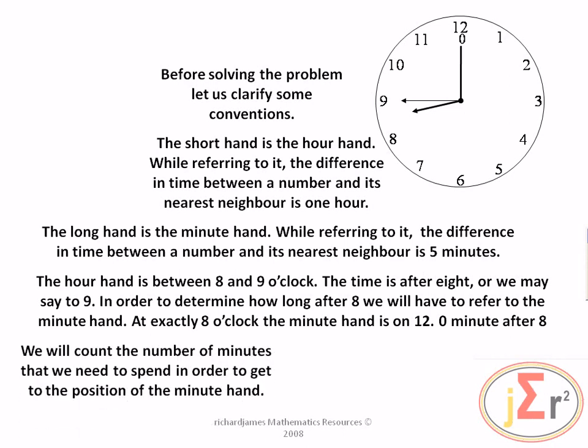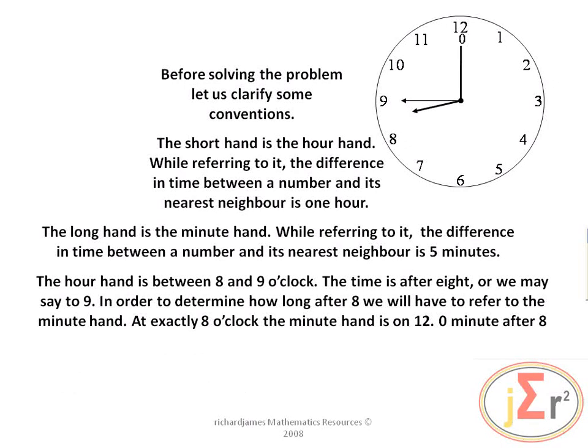We will count the number of minutes to get to the position of the minute hand. Right now it is after 8. In order to tell how many minutes after 8, we have to consult the minute hand. We have to pay attention to its position.